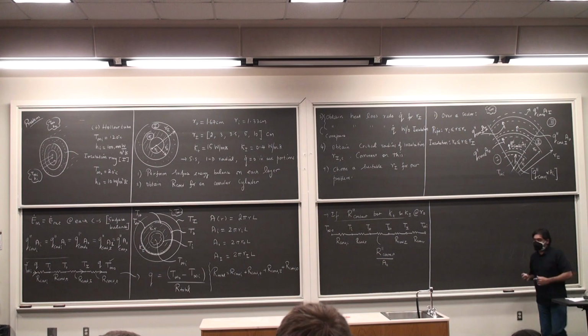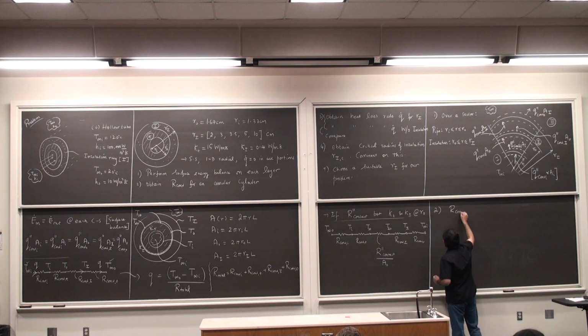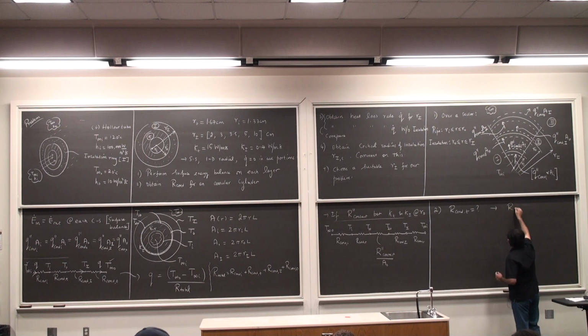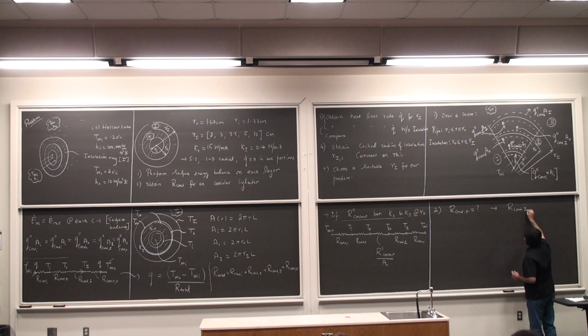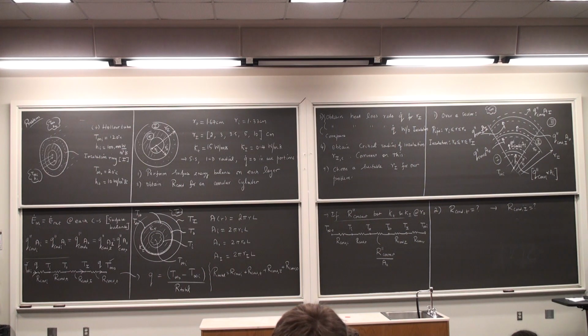Now I go to the second part of the problem. R conduction T and likewise R conduction I. We're going to do this derivation once and then we will use it for all our problems from now on.